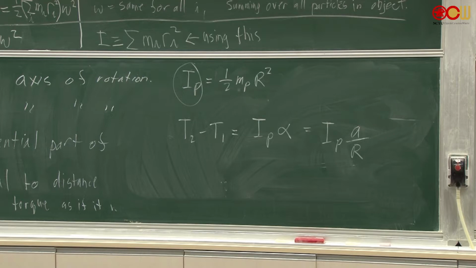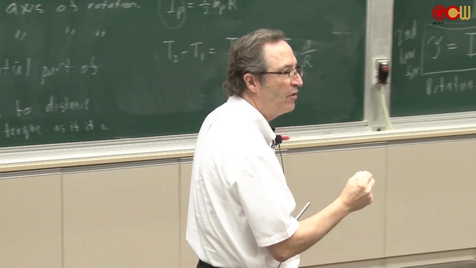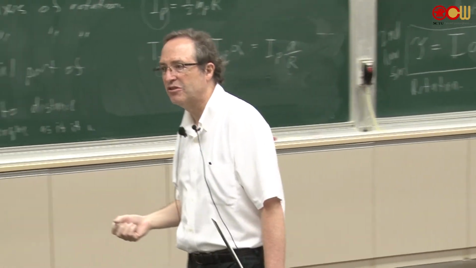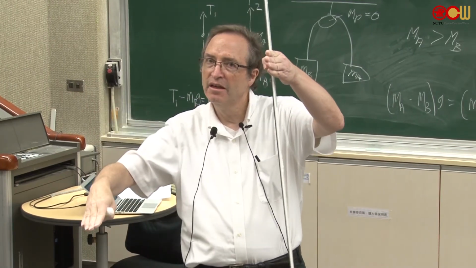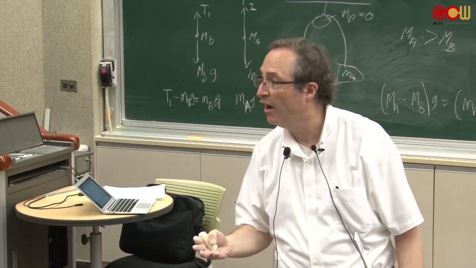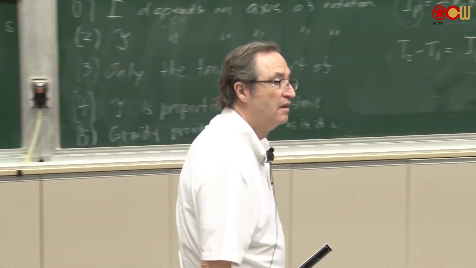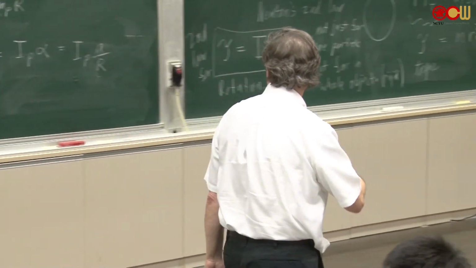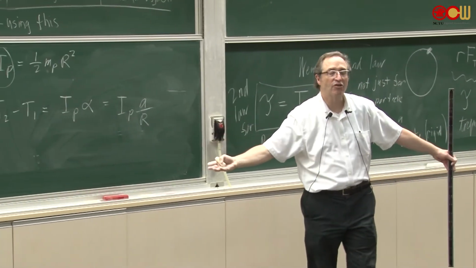Same idea. Now we have kinetic energy of the pulley that we have to worry about. And so that's going to slow things down, because the shift in the potential energy has to come from the kinetic energy, right? So since some of that shift goes into the pulley, it's going to go slower.